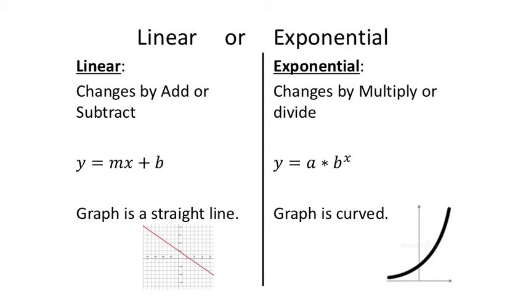If we're multiplying over and over and over, then we're looking at something exponential, which is repeated multiplication. We know the graphs would look like a straight line if it's linear, and curved if it's exponential, but we don't really care about that. All we're concerned about right now is if you add and subtract, it's linear; multiply, divide, exponential.